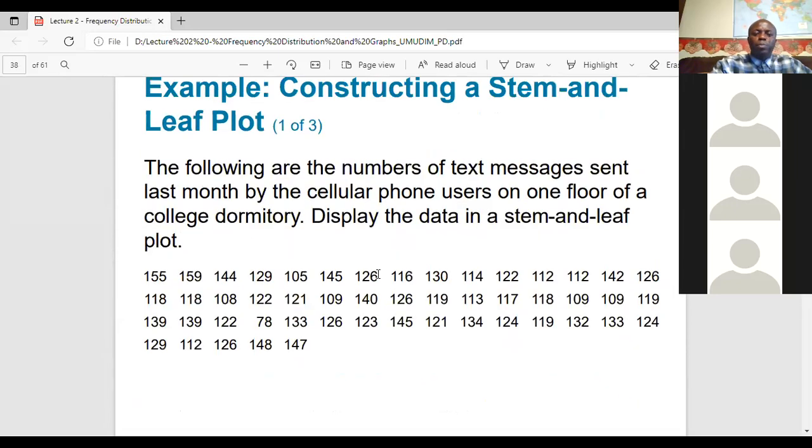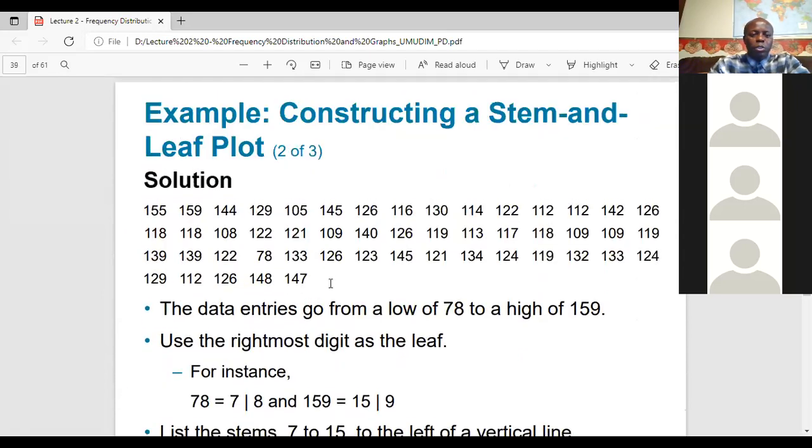To do this, you first need to find which part is the stem and which part is the leaf. Notice that all of these numbers have three digits. The last digit is always the leaf, and the first two digits are the stem.